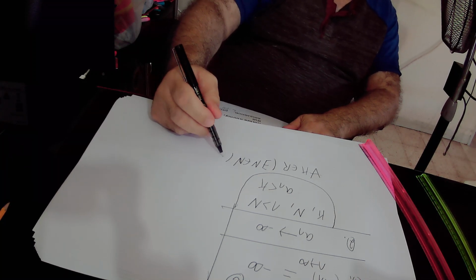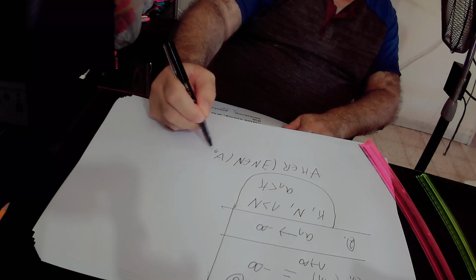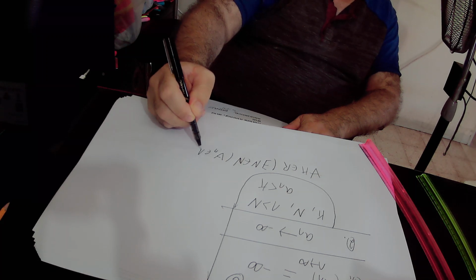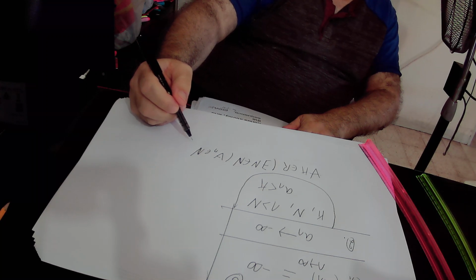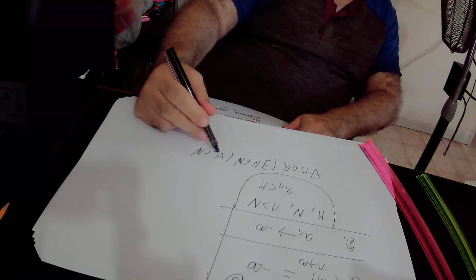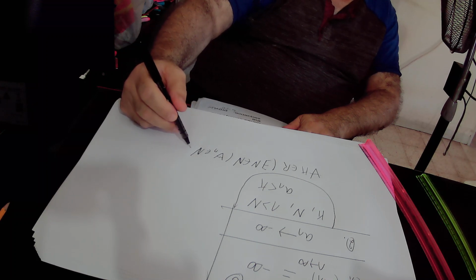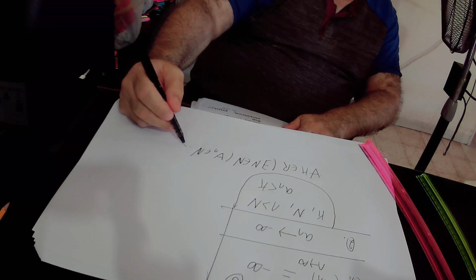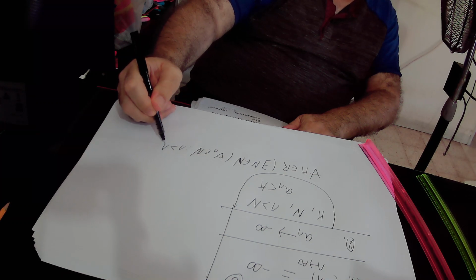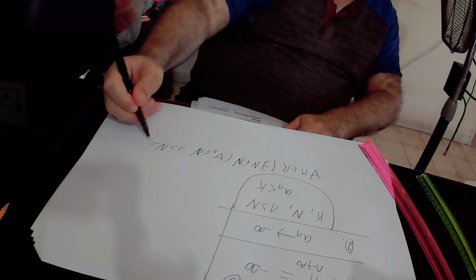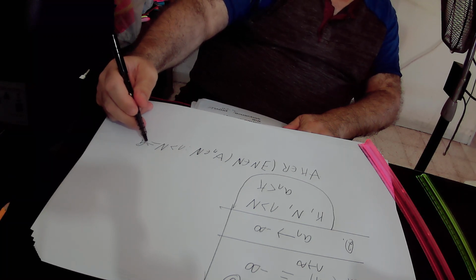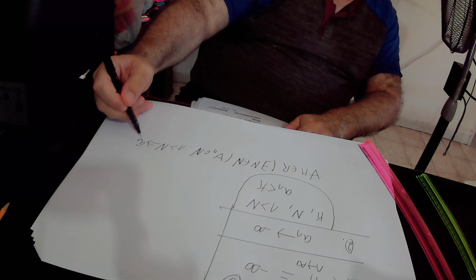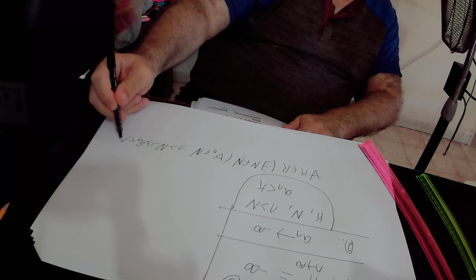and for every n that also belongs to the natural numbers, and for every n that is greater than capital N, we will get that an is smaller than k.